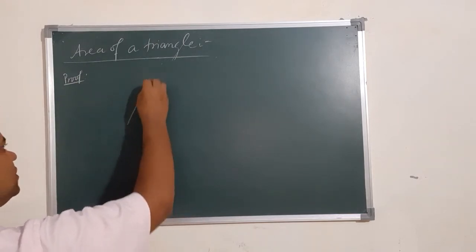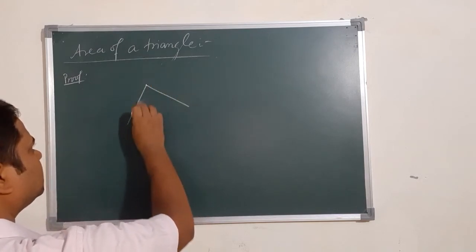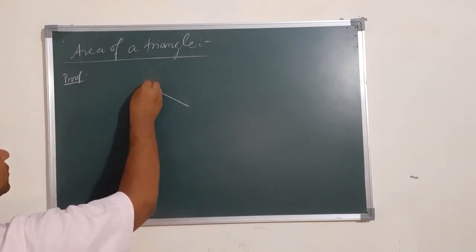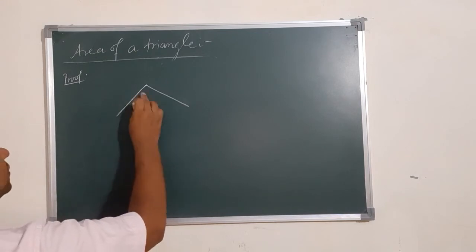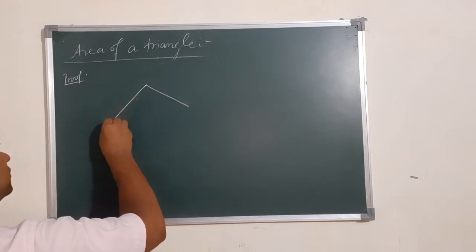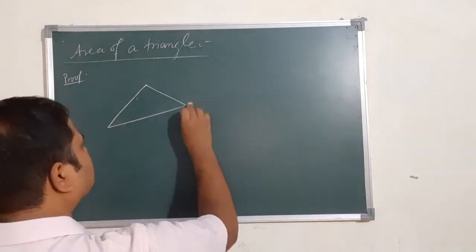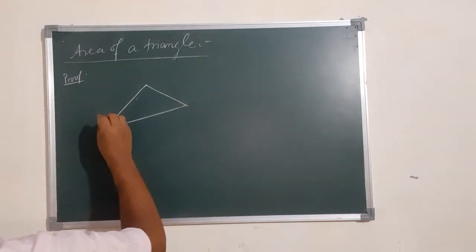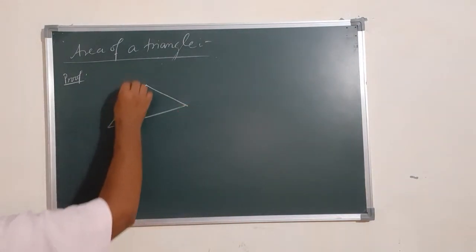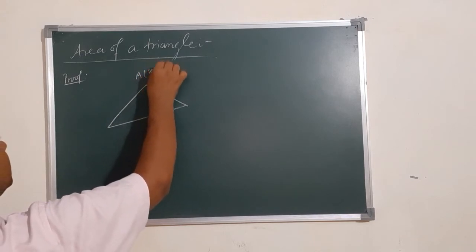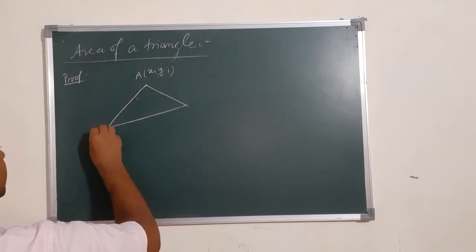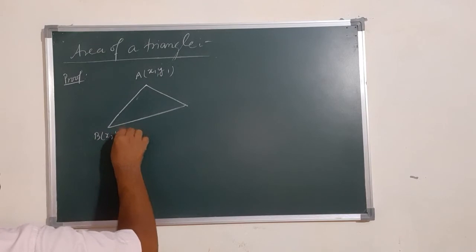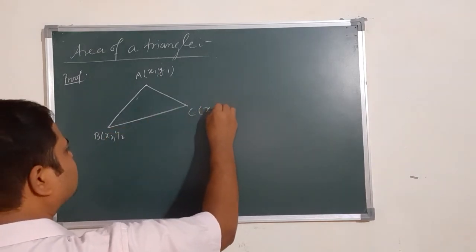We write it: suppose the triangle is ABC, A is (x1, y1), B is (x2, y2) and C is (x3, y3).